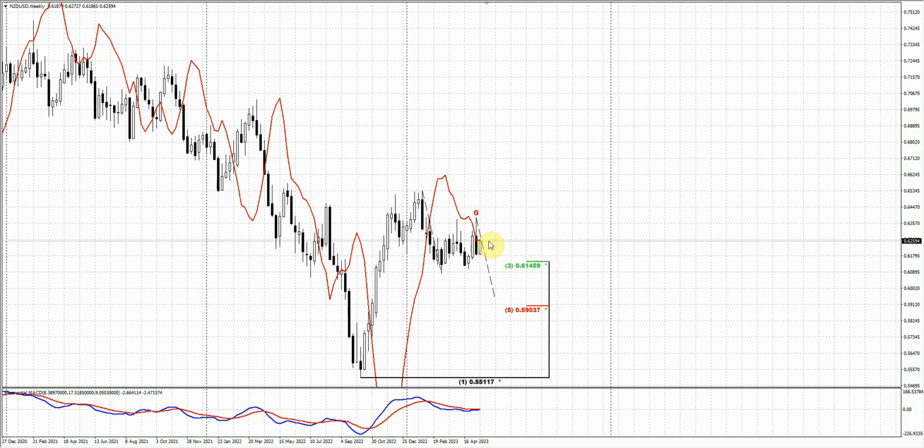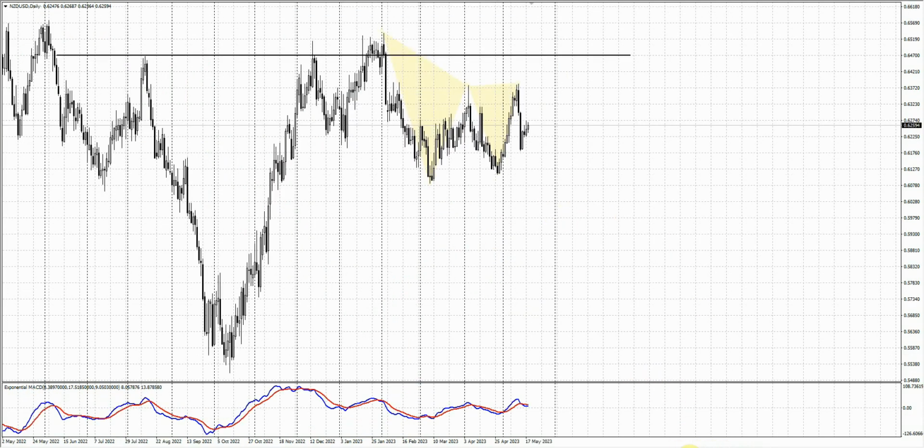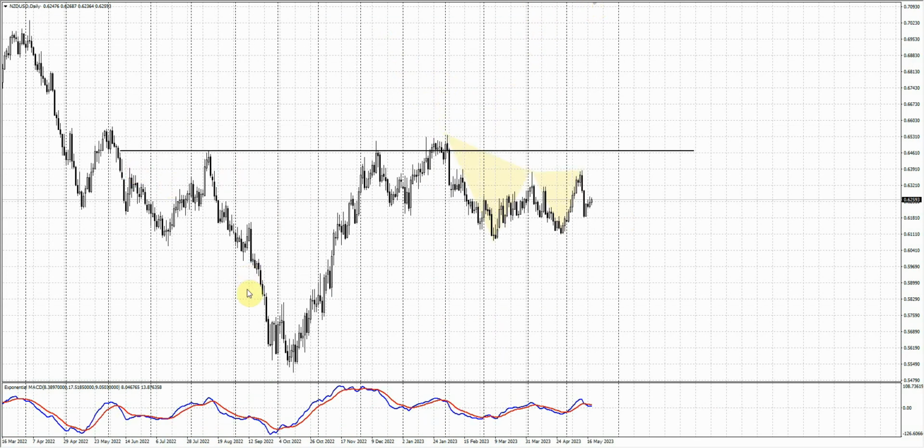But still, we need to keep an eye on what will happen at this point, and I will explain it on the daily chart. So take a look at what we have. Here's the head and shoulders that we are talking about. That is our Gartner's triple top that I mentioned. And the risk for the setup that we are discussing right now stands with this type of action.